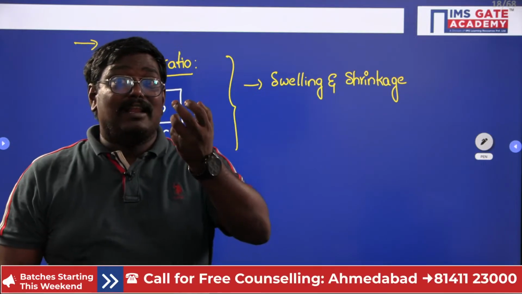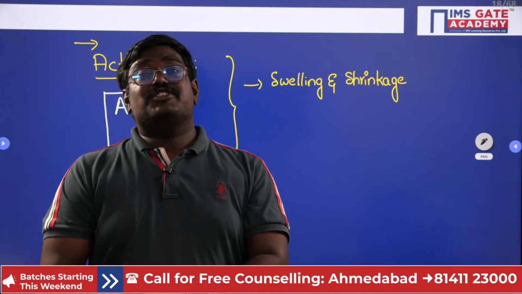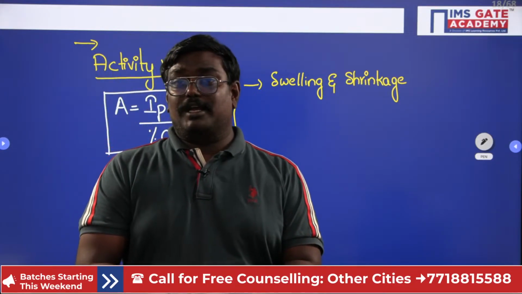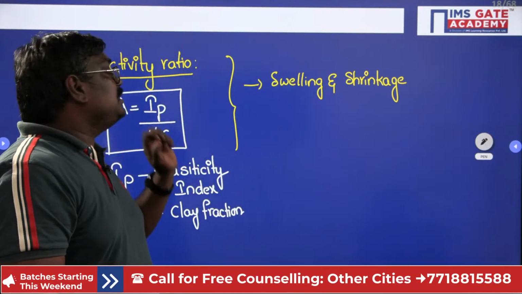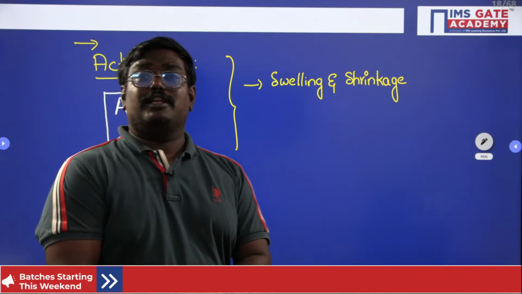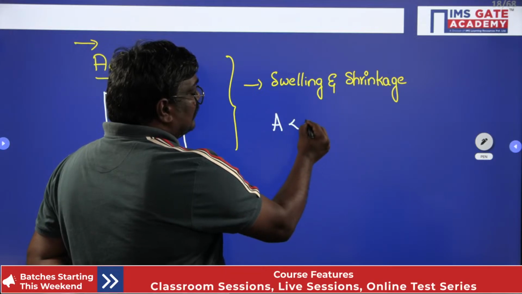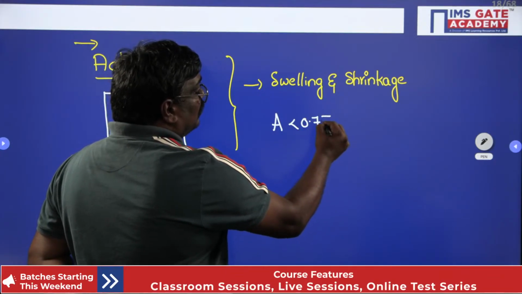Remember, swelling is nothing but bulging, and shrinkage is nothing but volume reduction. To have an idea on this, we are studying the activity. For soils of specific origin, the activity ratio will be the same.